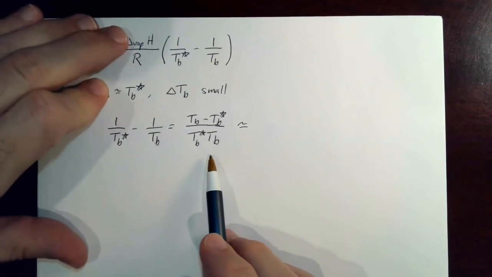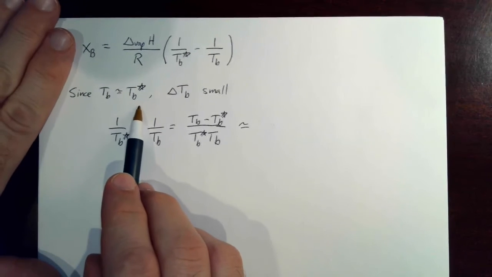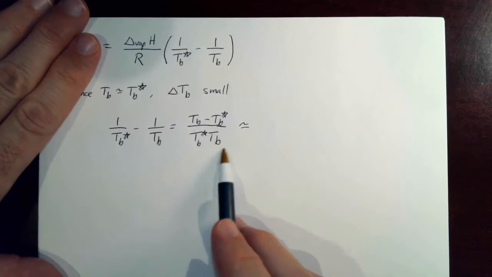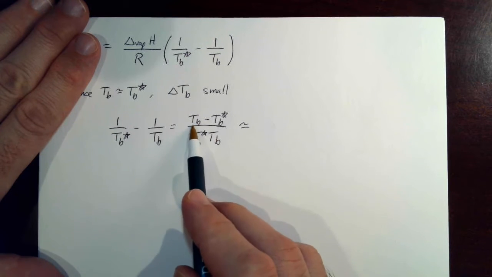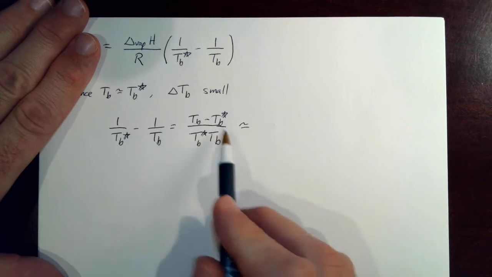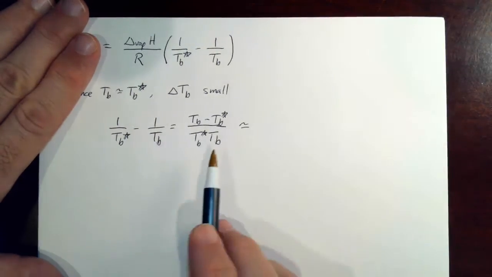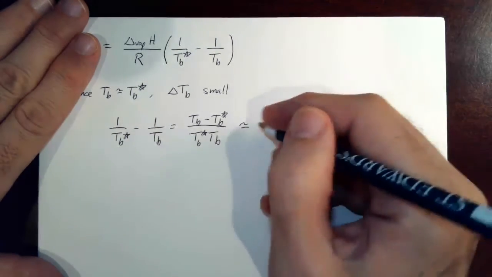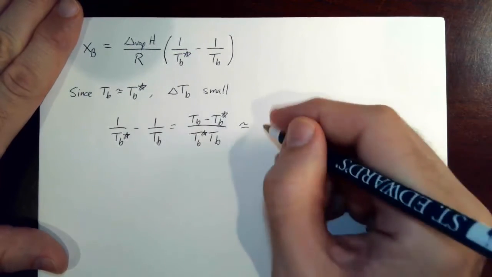Now I'm going to approximate the denominator by, again, using the fact that TB is close to TB star. So I'm going to replace TB here with TB star in the denominator. I'm not going to do that in the numerator because that would give me 0. And I know I'm dealing with a small number, but I don't want it to be 0. I want it to be a small number, because if it was 0, we wouldn't get a very interesting result.